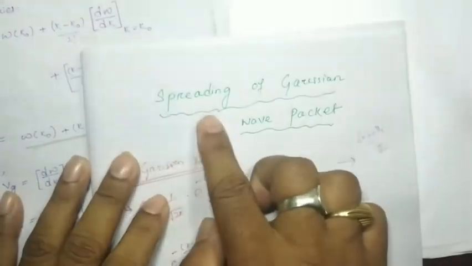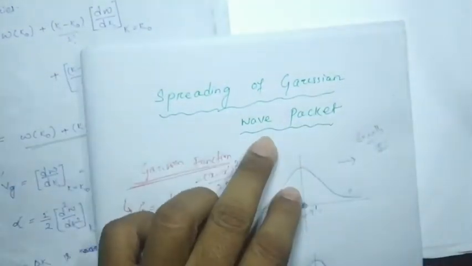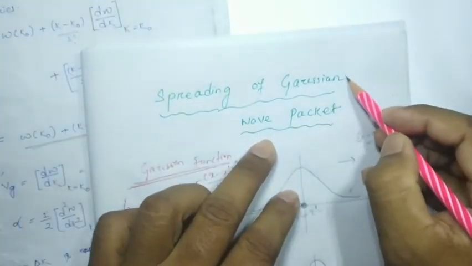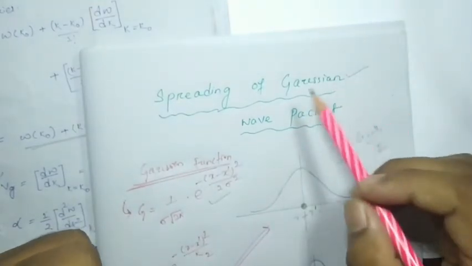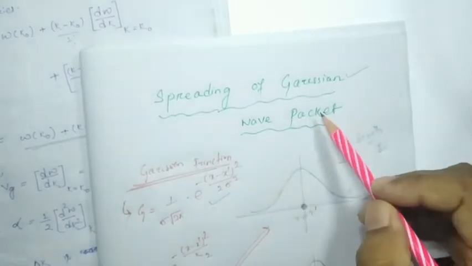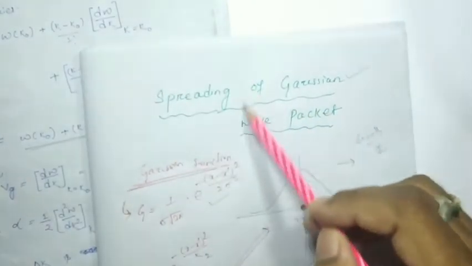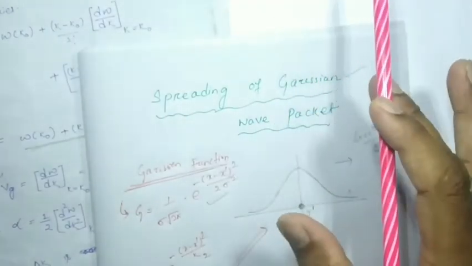Hence this topic name is spreading of Gaussian wave packet. The wave packet is represented by the Gaussian function, and under what condition this Gaussian function is going to spread, we are going to discuss the physical things and the corresponding mathematical things also.